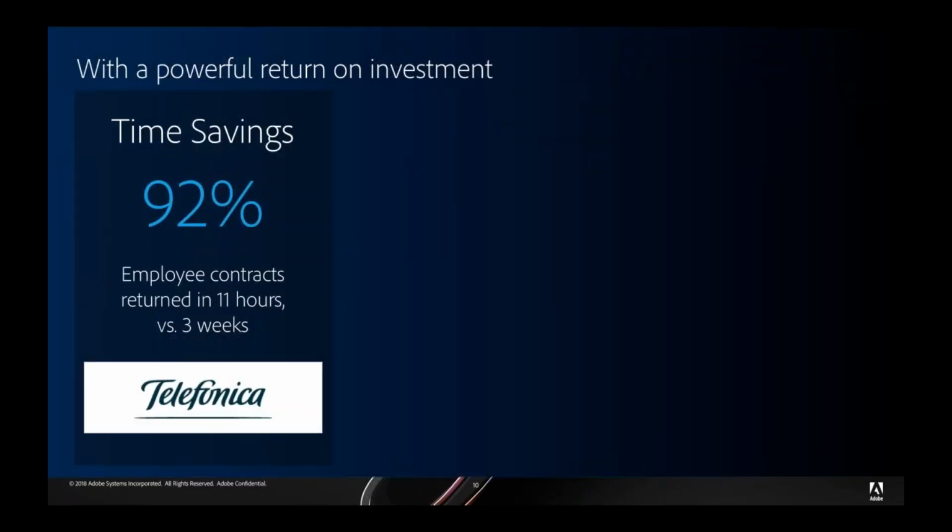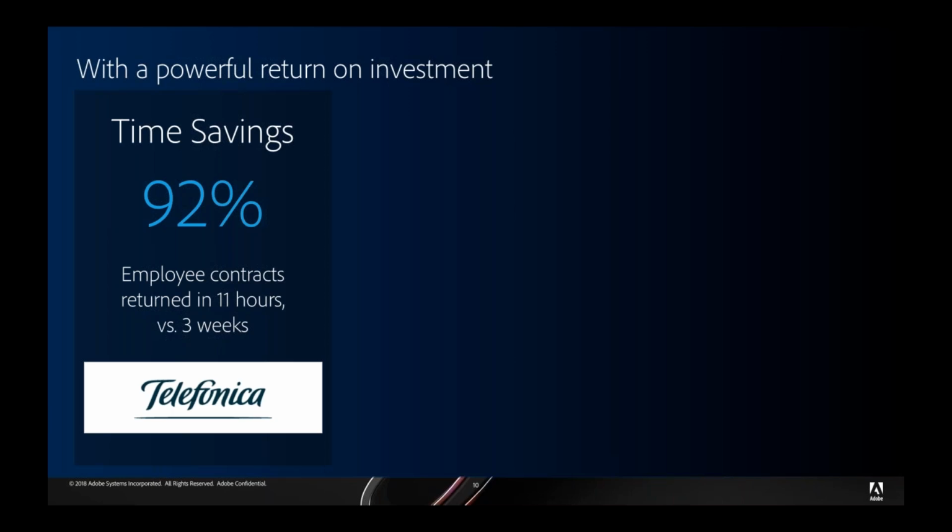Okay, and so a little bit of a testimonial here on a few fronts. So some examples of benefits that companies have realized. So Telefonica, which is a UK-based telecommunications company, 300 million customers in 24 countries.